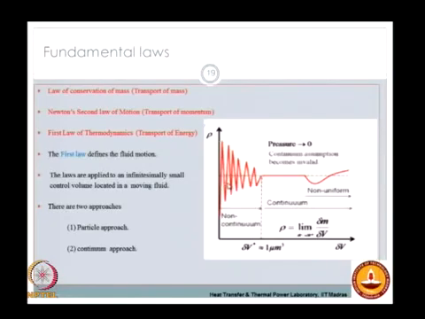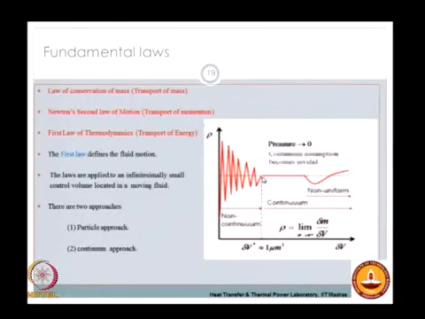If you use volumes larger than this critical volume and calculate the ratio of the mass divided by the volume, you find this becomes more or less constant.